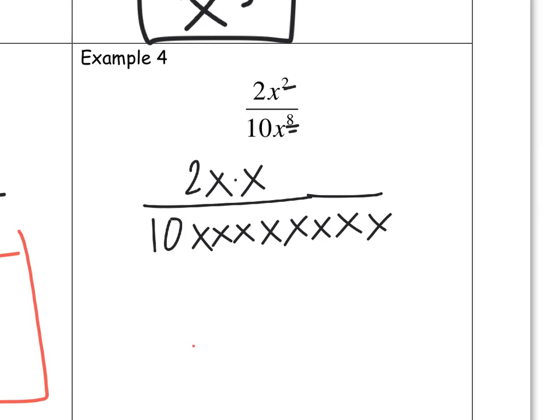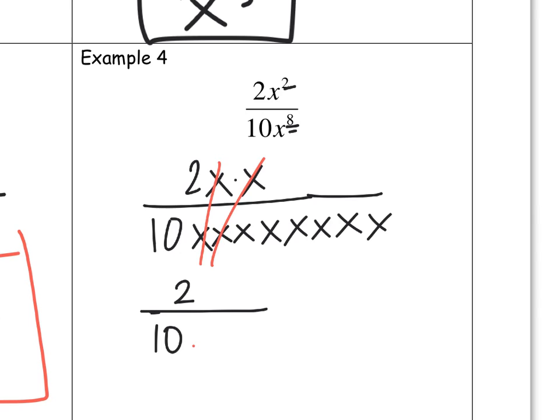And some of you might be like, oh, I already know that I'm going to cancel 2, and there are 6 left. And if you can do that math in your head, that's excellent. I want you to do that. But I also want you to have the option to write this out. All right, so what we have left in the numerator is just 2. In the denominator is a 10.